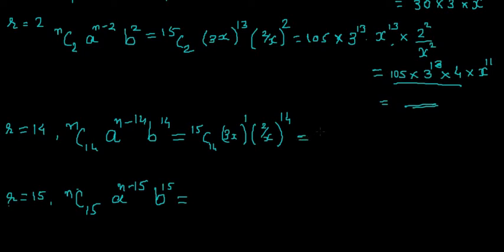Simplifying further, 15C14, if you put it in a calculator, is going to be 15. 3 and x both will get the 1 power, that is 3x itself, and 2 raised to 14 in the numerator, and in the denominator it is x raised to 14. Now what we can simplify are these constants.